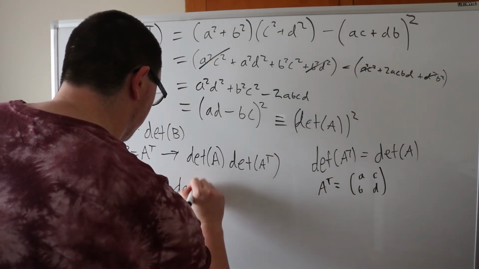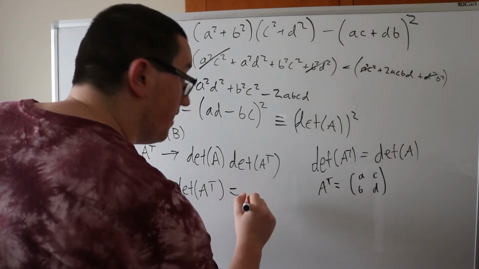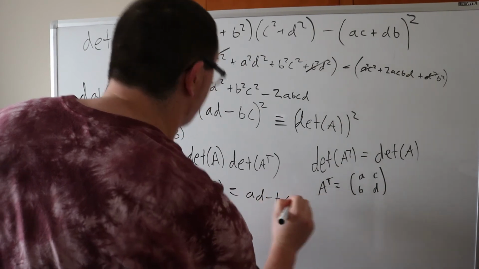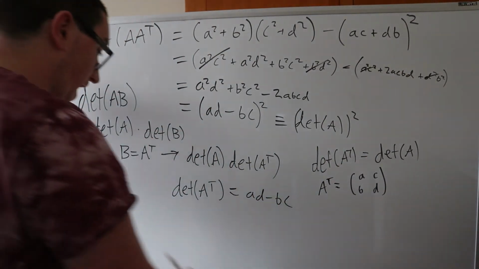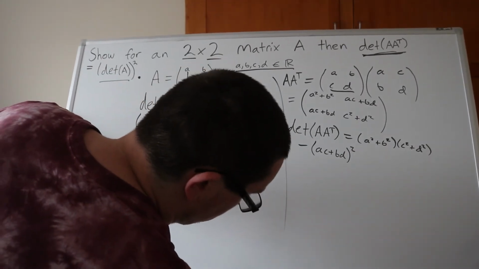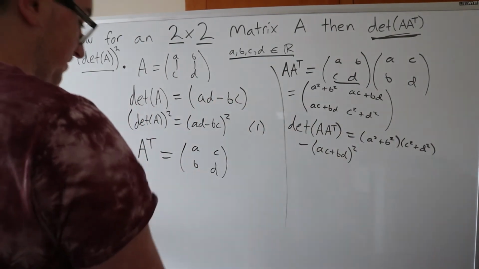The determinant of A transpose is nothing but AD minus BC. And if we were to look back at what we found over here, we see that we get AD minus BC here as well.